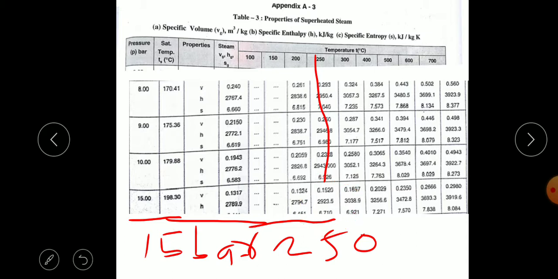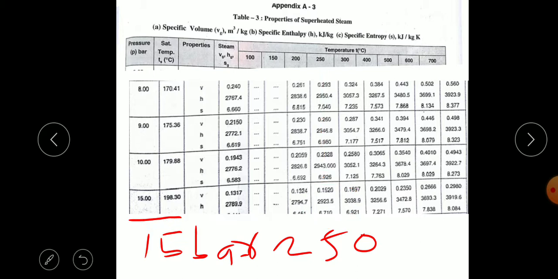So like this we can find. Let me revise: 15 bar pressure is given, so we go horizontally to the 250-degree temperature column. We can find the properties as follows. The first property, V, is 0.15, the enthalpy H is 2923, and the entropy is 6.7.